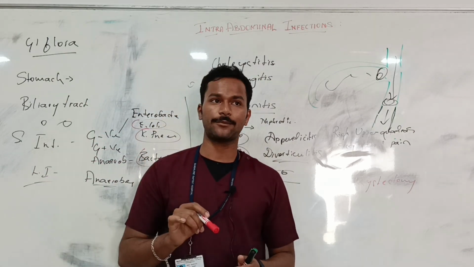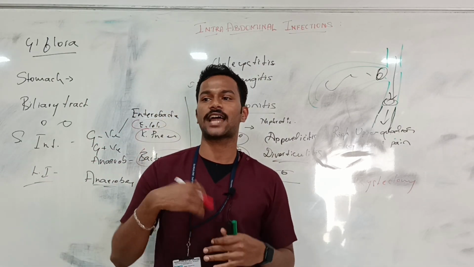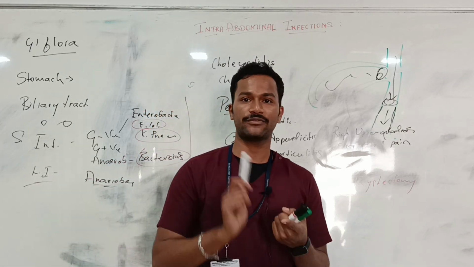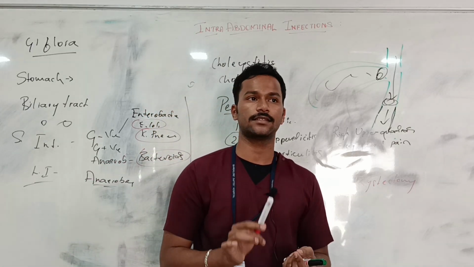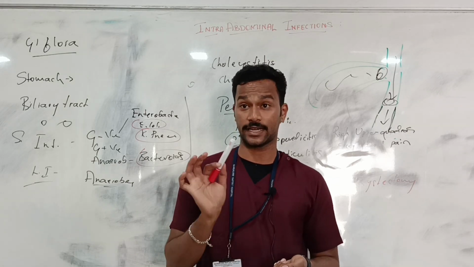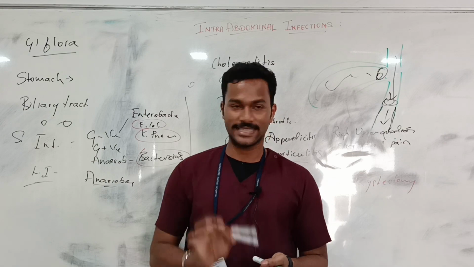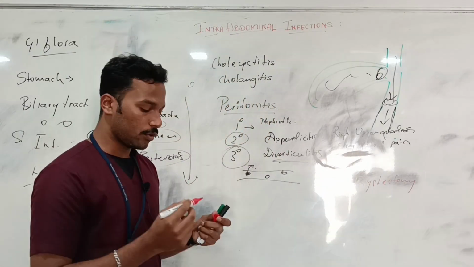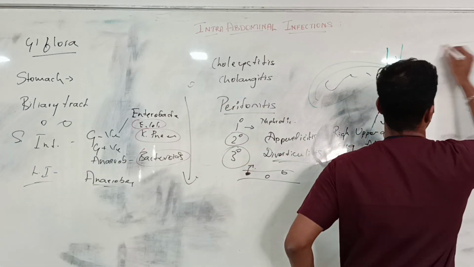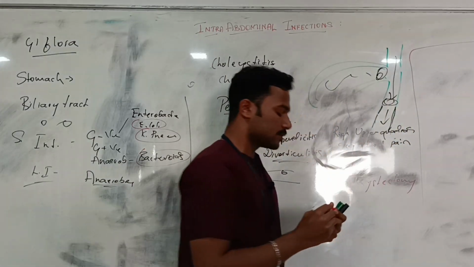After that, what we have to do is start the empirical therapy. But before that, we have to make sure to send the blood culture before starting any antibiotics. That is the major thing we have to see. Now coming to the treatment with antibiotics.